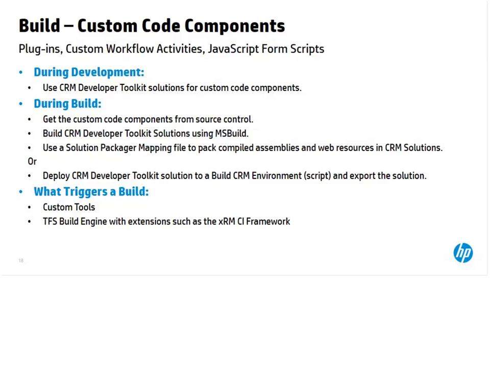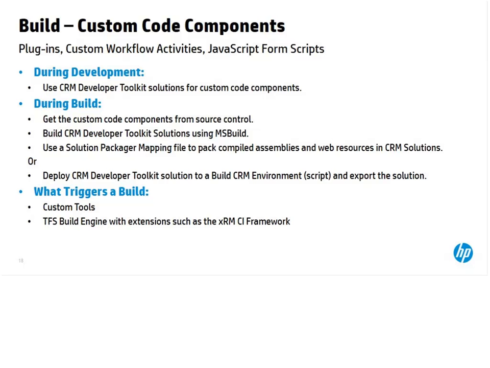But the solution packager has an interesting feature that can be invoked with a map switch, and then you can provide a mapping file that allows you to get your custom code components from another location other than the folders within the solution. So you can get, let's say, a custom plugin's DLL, not from the solution folder structure, but from a folder where you've just compiled your plugin Visual Studio solution.